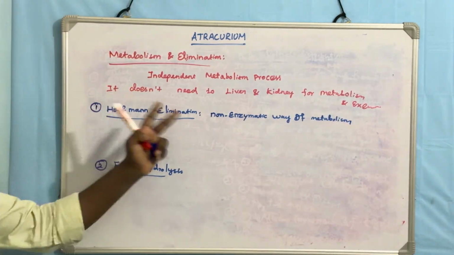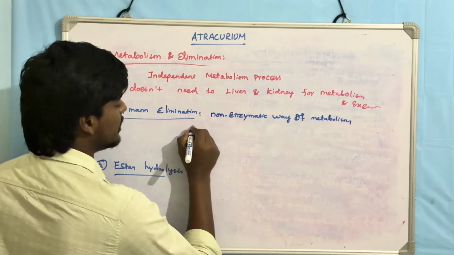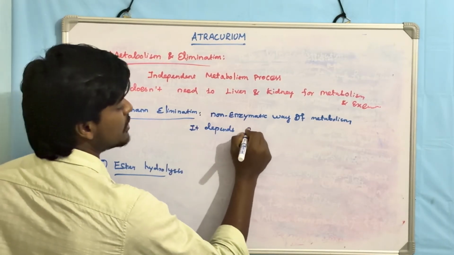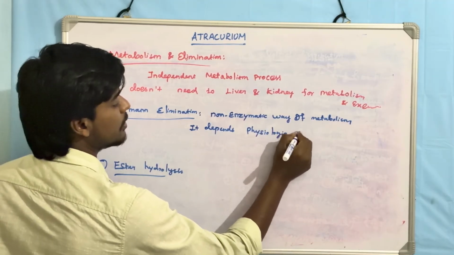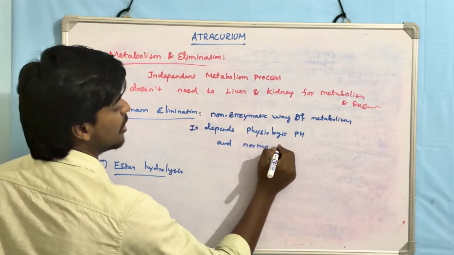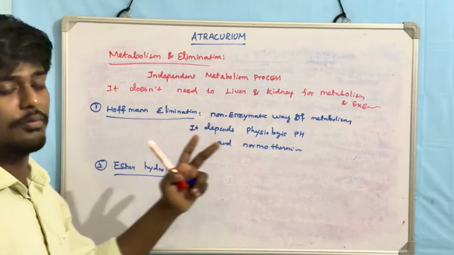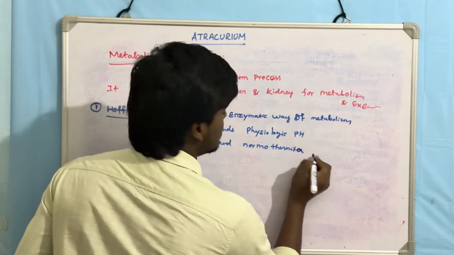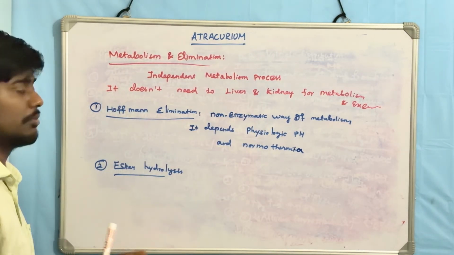It doesn't involve liver activity, but it depends on physiological pH and normothermia, that is normal temperature. If the patient has a normal physiological pH value and normal temperature, the non-enzymatic metabolism of Atracurium happens.